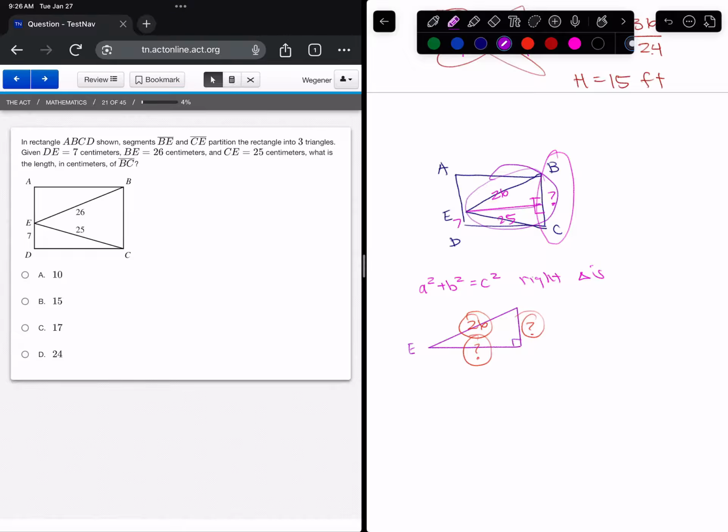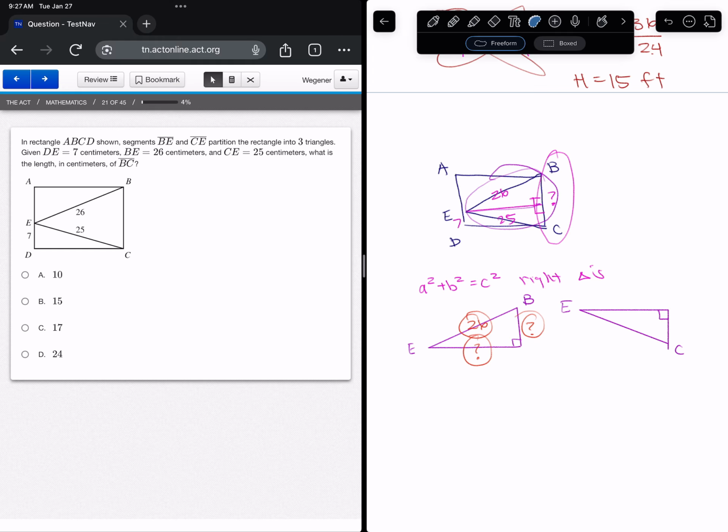So let's see, right here is the triangle right below EB. This is EC. This is that triangle that I just cut into two right triangles.